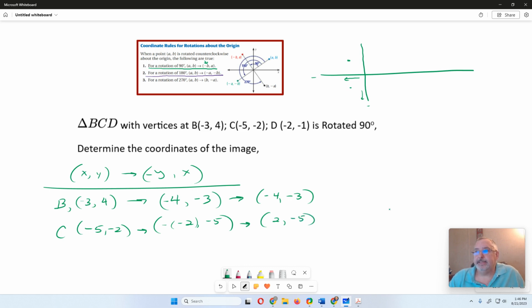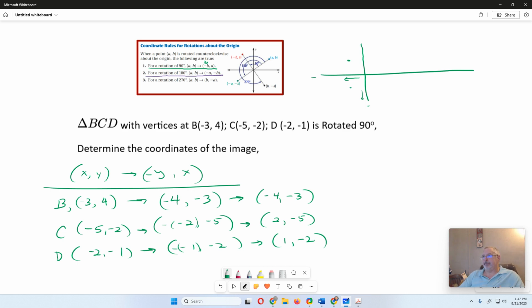And then finally, D is at (-2, -1). We swap, so (-1, -2), and find the opposite of that y coordinate. This will give me a new point at (1, -2).